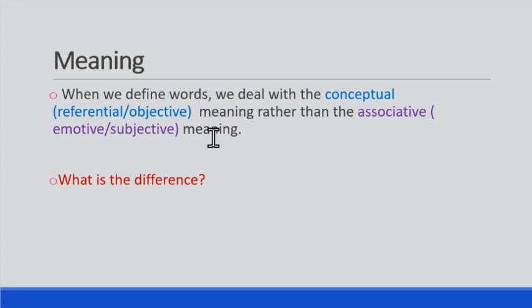That means the conceptual meaning of the words rather than the associative. So that is a little of semantics, where we discuss the conceptual meaning of the words rather than the associative meaning of the words.